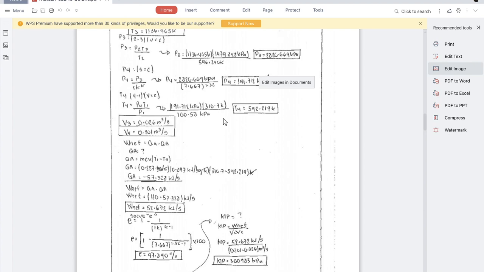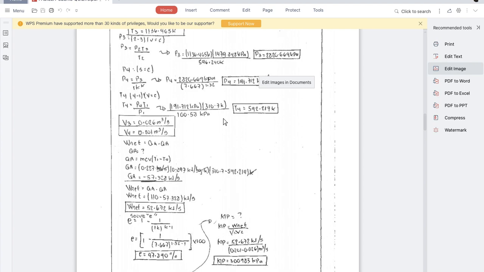And for the P4, we use s equal to c, or T4 over T3 equal to P4 over P3 raised to k minus 1 over k, or equal to V3 over V4 raised to k minus 1.